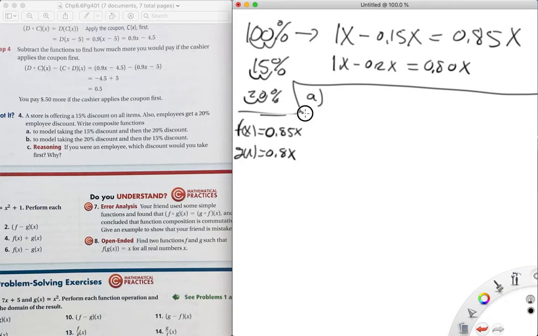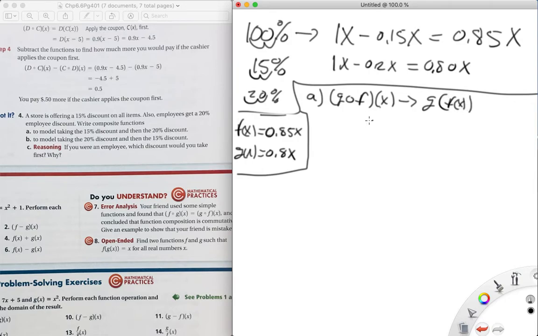So when we talk about evaluating 15% first, and then the 20%, that's going to be g composite f of x, because we're going to do the 15% first, which is g of f of x.